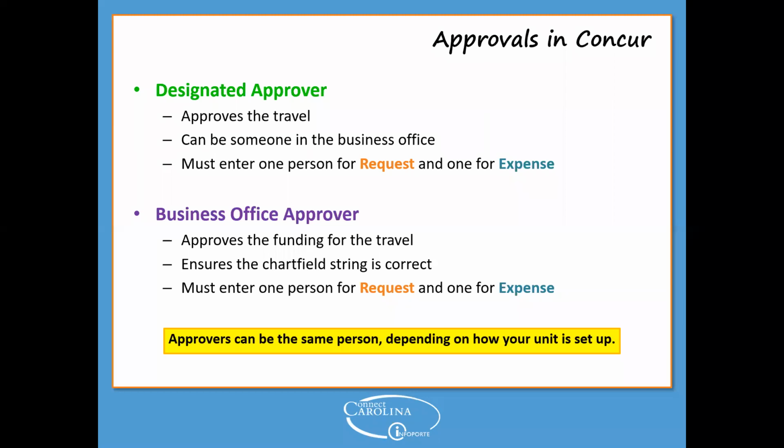One thing that's important to know when it comes time, and again, this isn't stuff you have to remember right now, is that you can only specify one person for each of these.